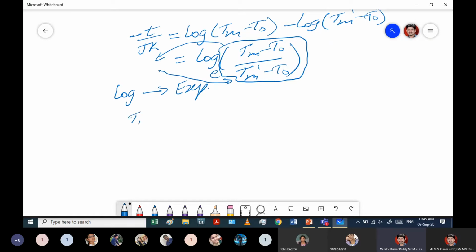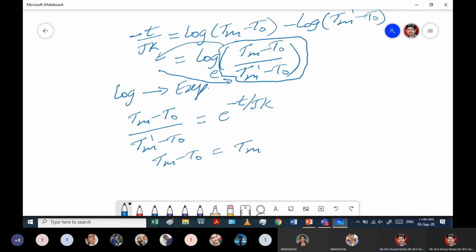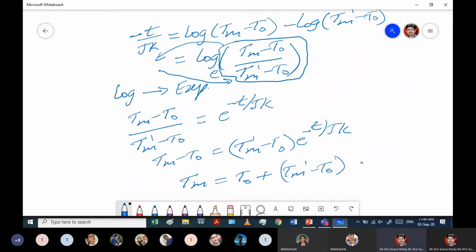Now Tm minus T naught by Tm dash minus T naught is equal to e power minus t by JK. Then Tm minus T naught is equal to Tm dash minus T naught times e power minus t by JK. Now Tm is equal to T naught plus Tm dash minus T naught times e power minus t by JK. This is the final expression.